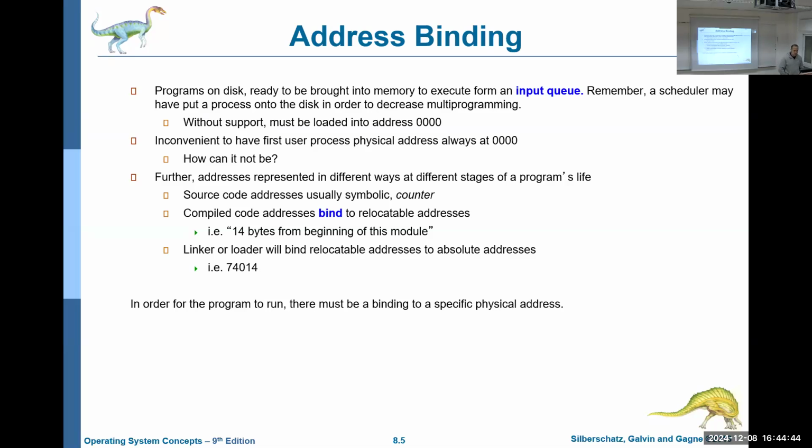Remember that a scheduler may have put a process on the disk in order to decrease multi-programming. So it could be that there's a program that is outside of the memory, it's on the hard drive, and it would like to run, but we're not letting it run because we have too many programs running. We didn't really talk about this so much. I skipped the topic of what's called the long-term scheduler.